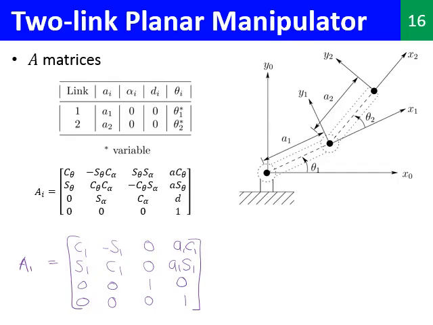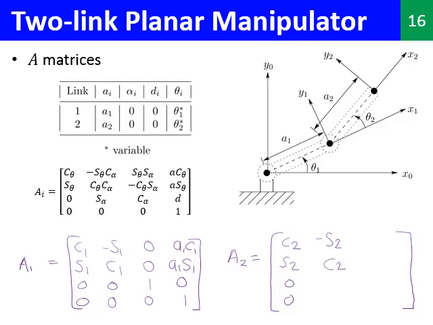Okay. And similarly, we can find A2 matrix. So we just look at the second row of the DH table and we can substitute for the A2 matrix. So we get C2, S2, 0, 0, and next one is going to be minus S2, C2.